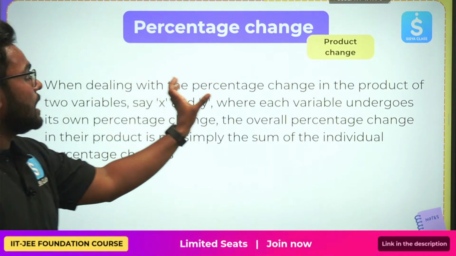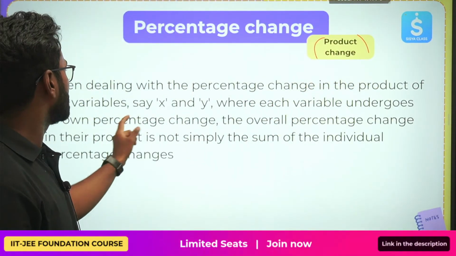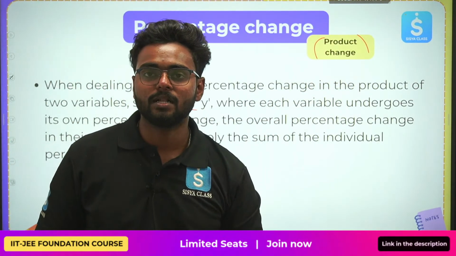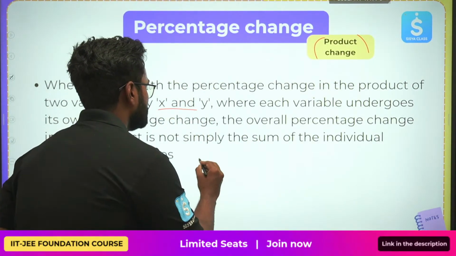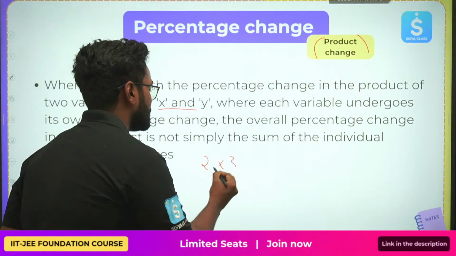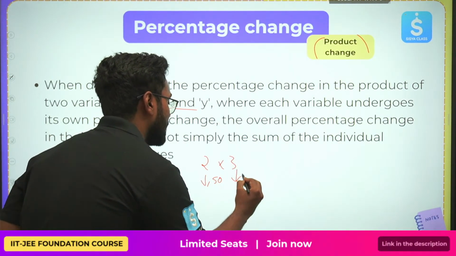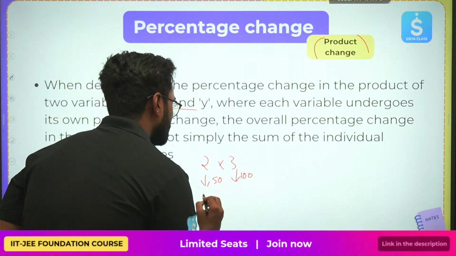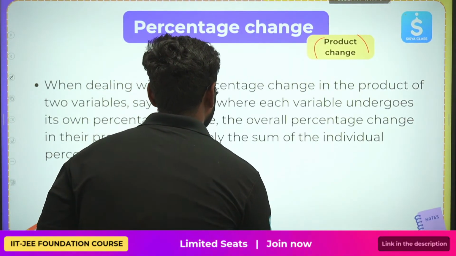Now, in percentage change, we will study product change, right? If you have two variables, assume two variables. Now, if you are changing their proportion, let us assume 2 into 3, right? If you are increasing the first by 50% and the second by 100%, 2 becomes 3 and 3 becomes 6, right? So we'd be getting 9 into 6.